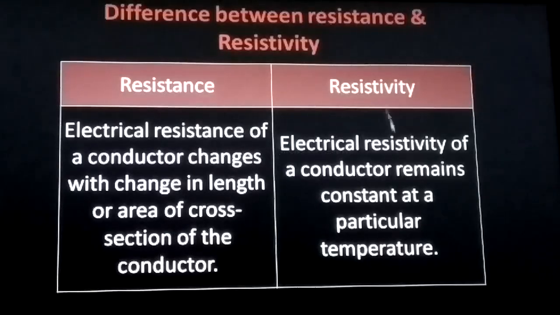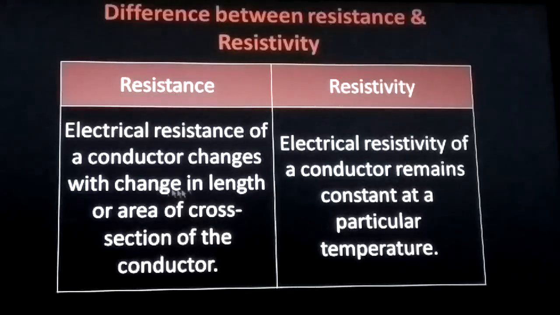So resistivity of a conductor remains constant at a particular temperature. At a particular temperature, resistivity does not increase, remember that. So the resistivity will not increase or decrease, it remains constant at a particular temperature.